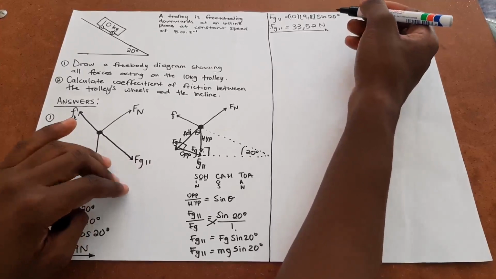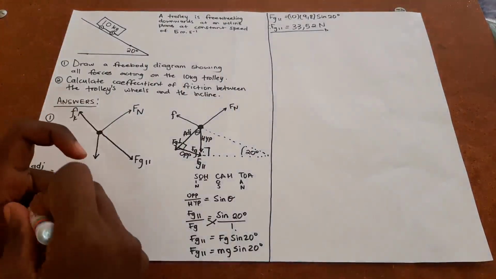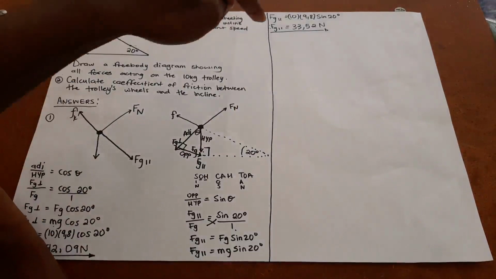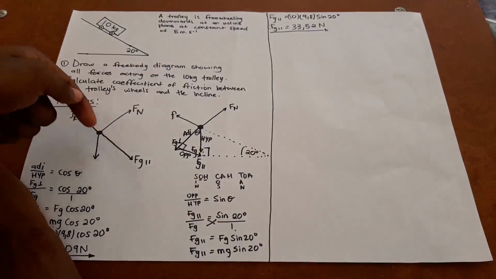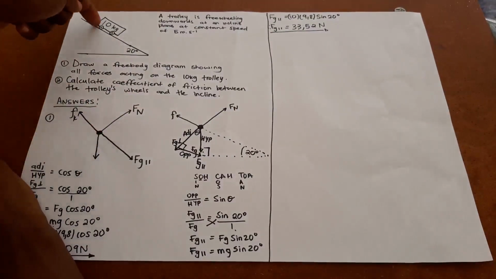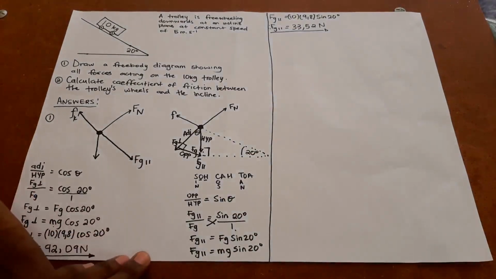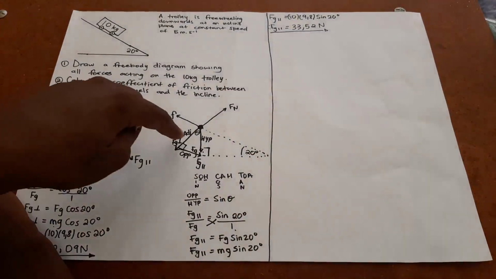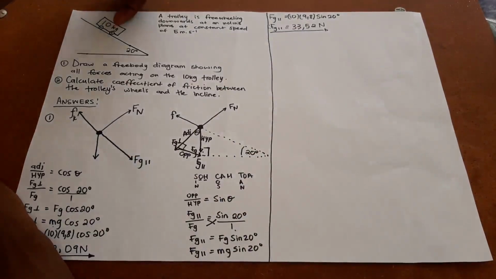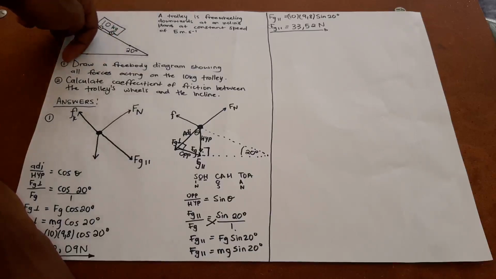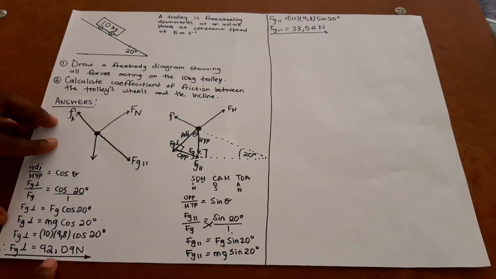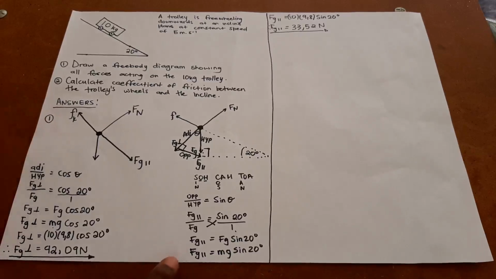So that's our FG parallel. What does FG parallel mean? It is the force that is pushing this 10 kg block downwards, 33.52 newtons. And our FG perpendicular, the force acting straight this way, is equal to 92.09 newtons. Hope you are with me, guys.